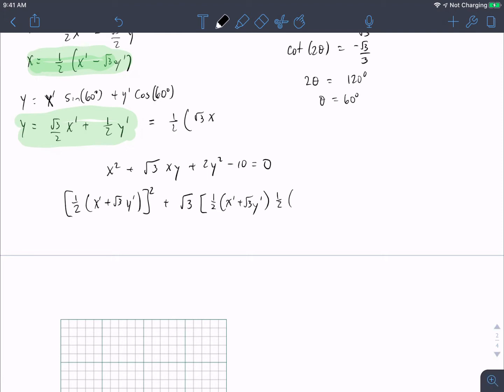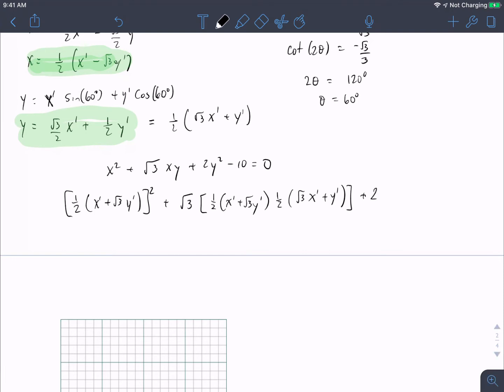It's going to be radical 3 x' plus y', just so it's cleaner. And so this is going to be radical 3 x' plus y', and that's all being multiplied by that radical 3.